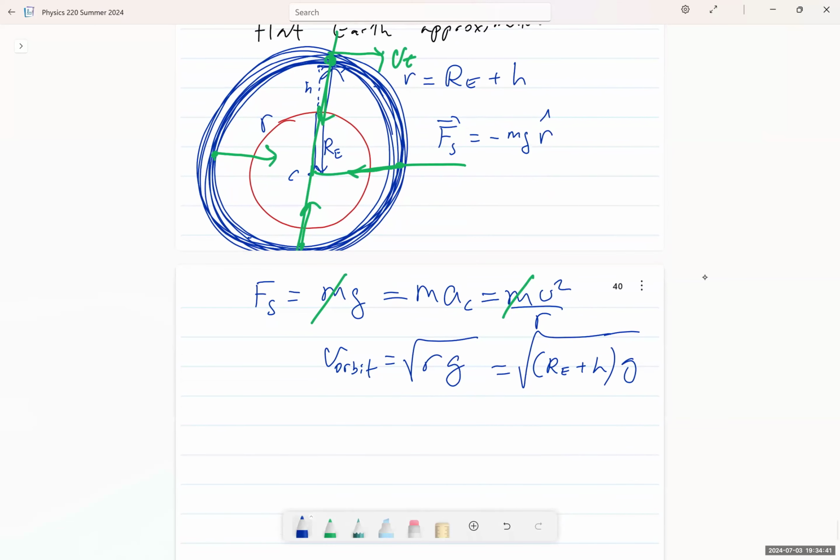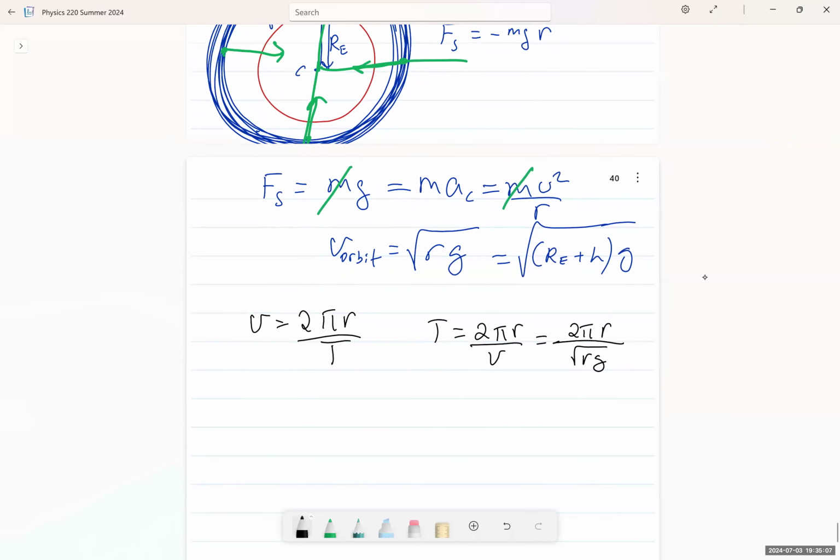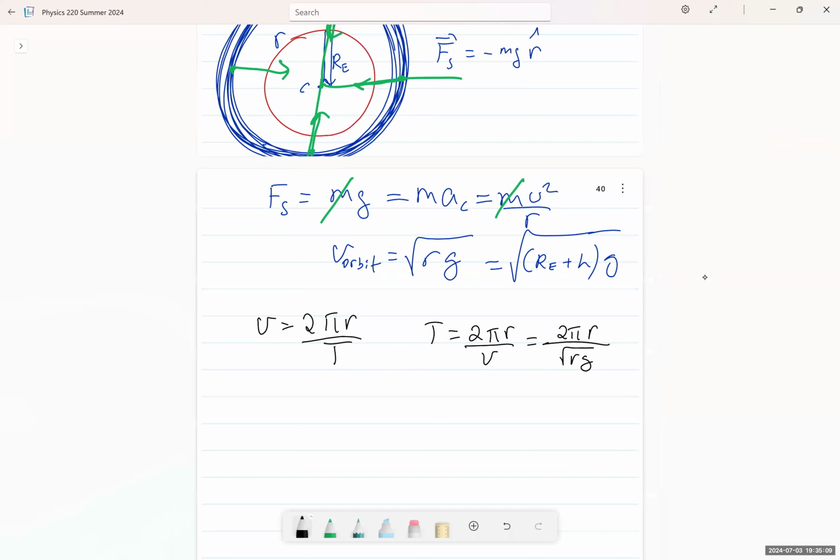And then obviously, we know that there's this equation where speed is equal to 2 pi r divided by the period T. And we can rearrange: period is equal to 2 pi r divided by v, and it will be then 2 pi r divided by square root of rg. Okay.